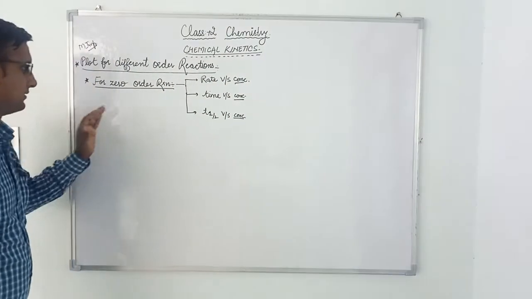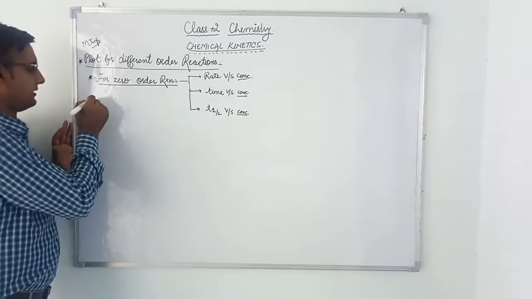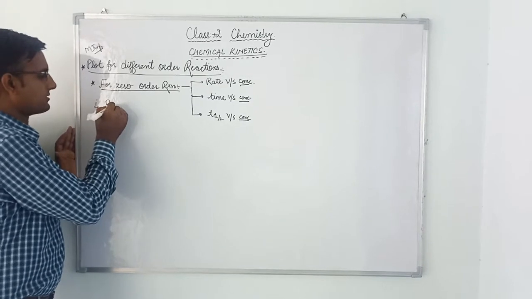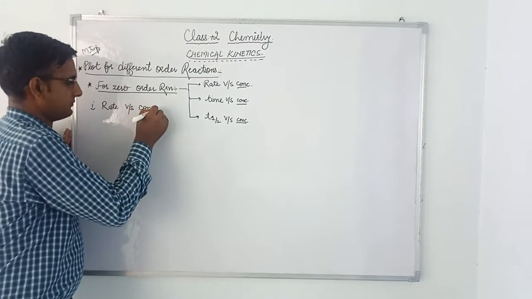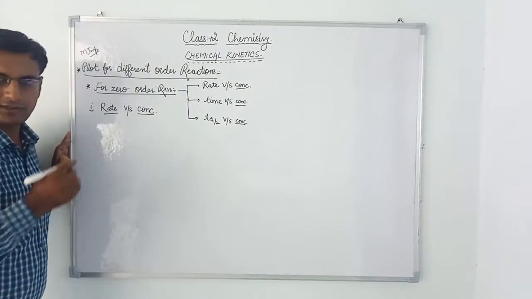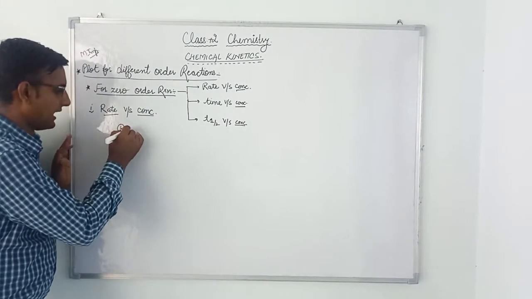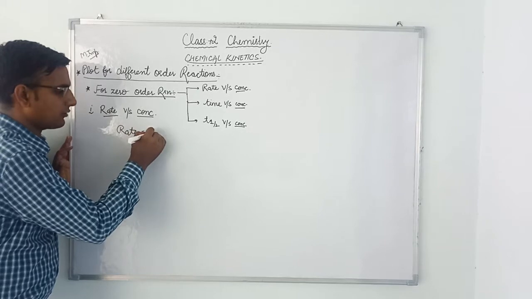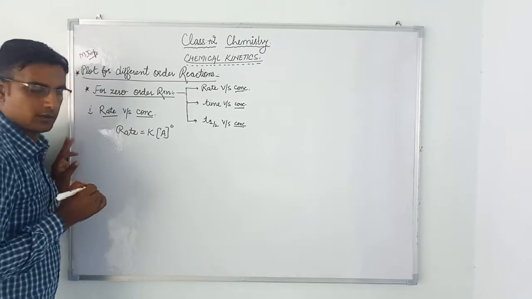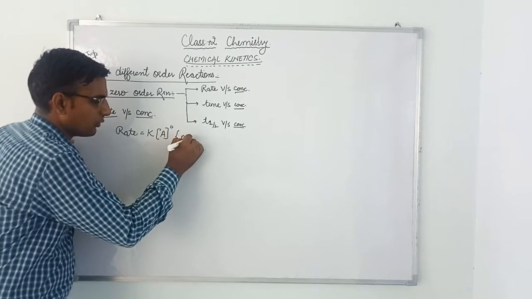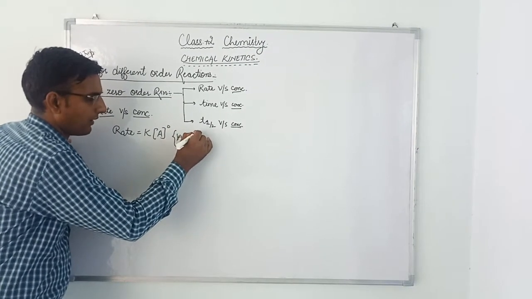So students, for zero order reaction, let's have the first graph for rate versus concentration. As this is the zero order reaction, its rate can be written as rate is equal to k A raised to power 0, and anything raised to power 0 in mathematics is equal to 1.